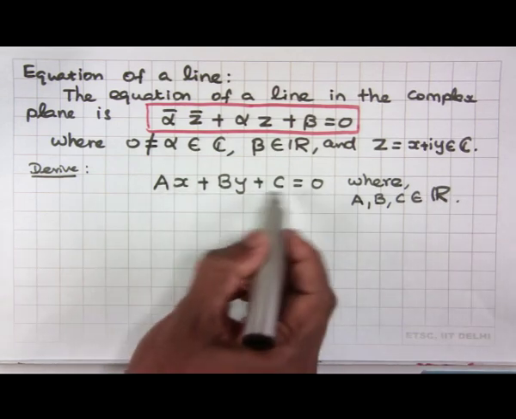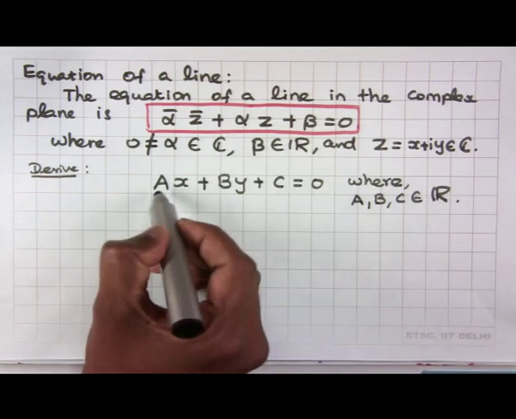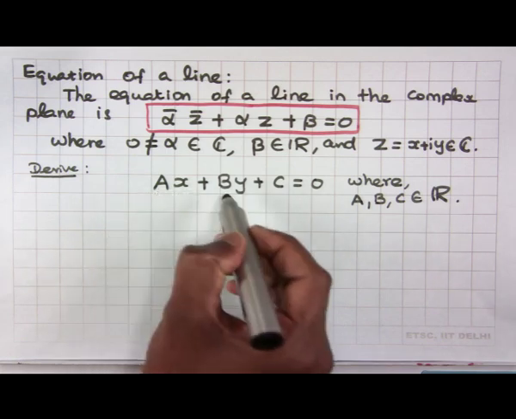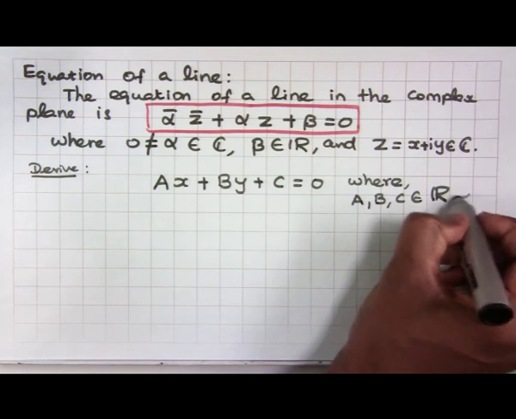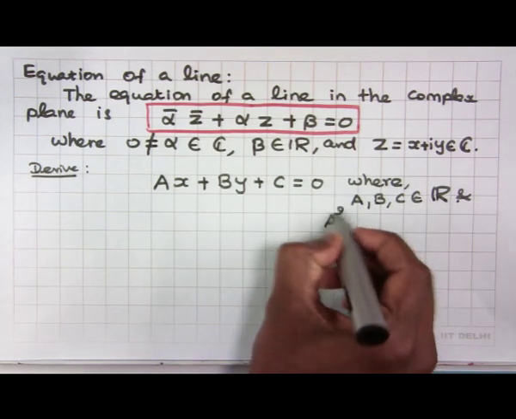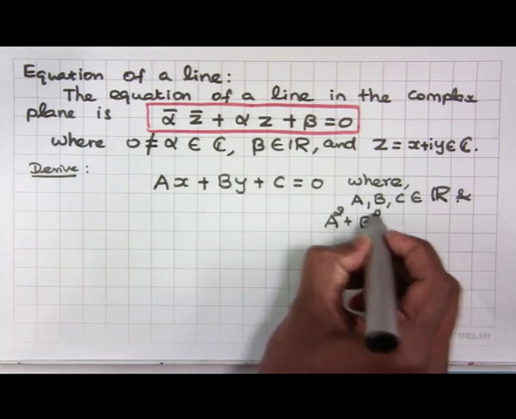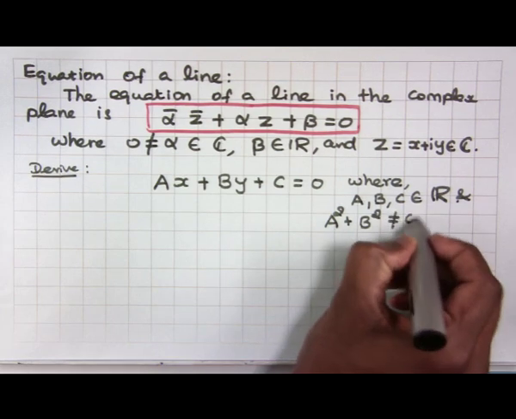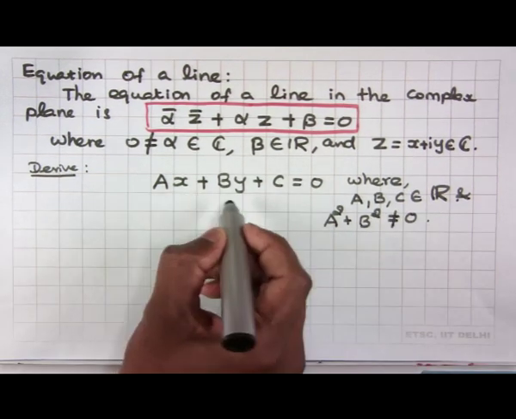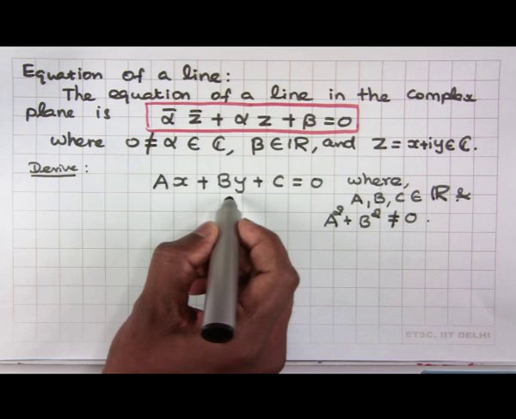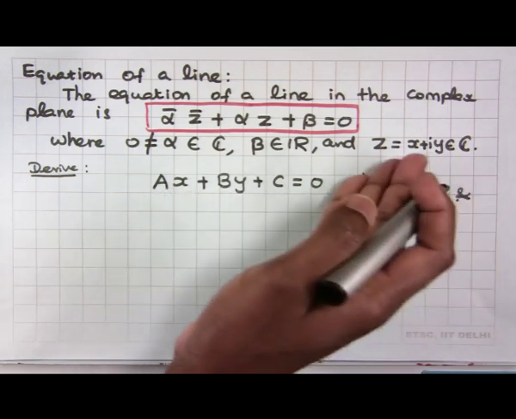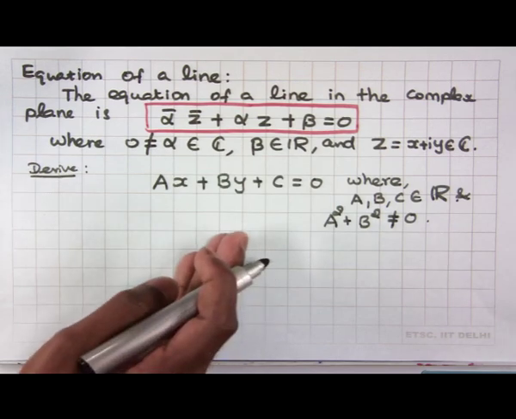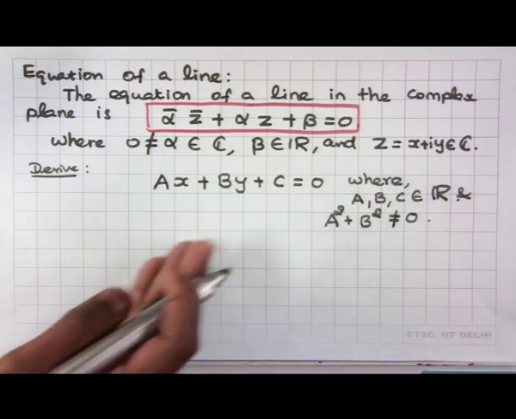To represent a line, either A or B must be non-zero. To add this condition, A square plus B square must be non-zero. Any pair x, y satisfying this equation, when traced in the Cartesian plane, gives a straight line.